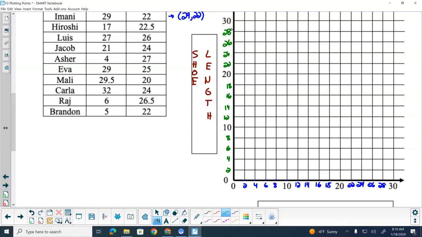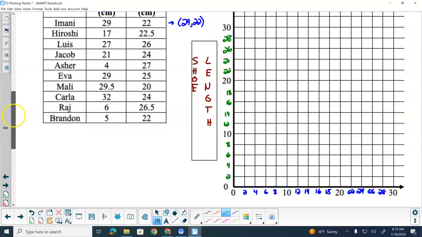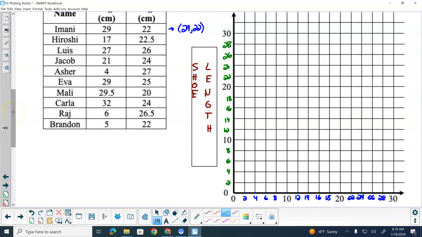Okay? So the first one then is 29, 22. So we're going to go over to 29, which is going to be halfway in between 28 and 30, and we're going to go up to 22. So we're going to put a dot right there.